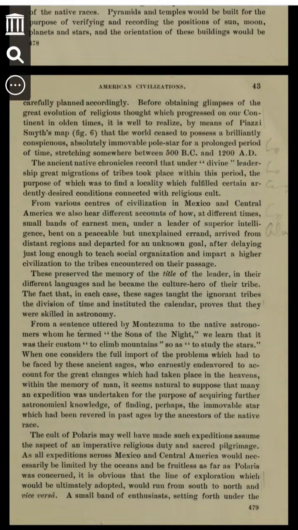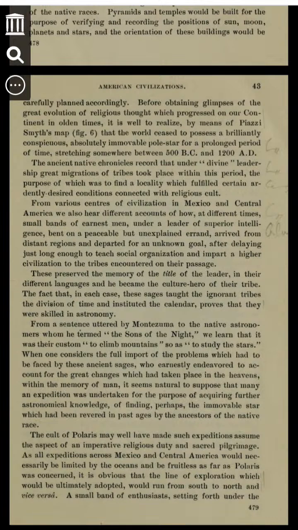From various centers of civilizations in Mexico and Central America, we also hear different accounts of how at different times small bands of earnest men under a leader of superior intelligence, bent on a peaceable but unexplained errand, arrived from distant regions and departed for an unknown goal after delaying just long enough to teach social organization and impart a higher civilization to the tribes encountered on their passage.